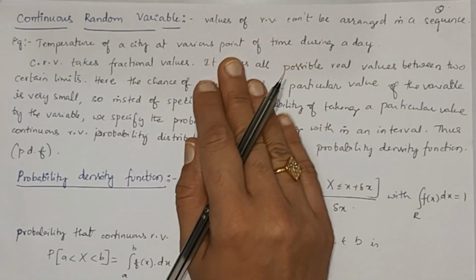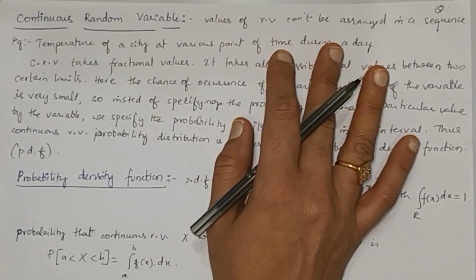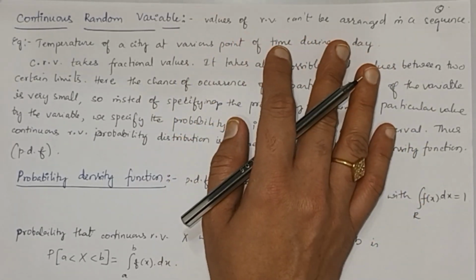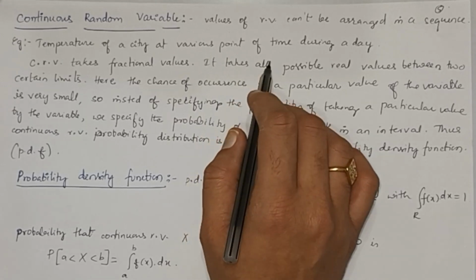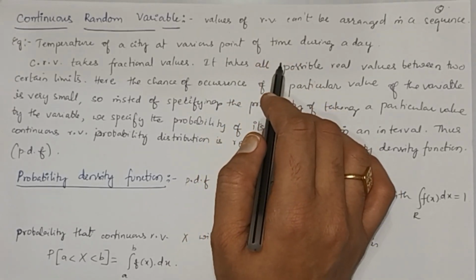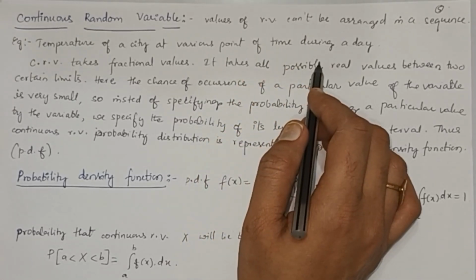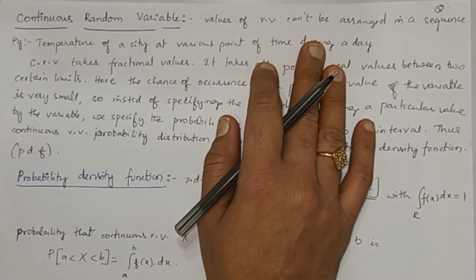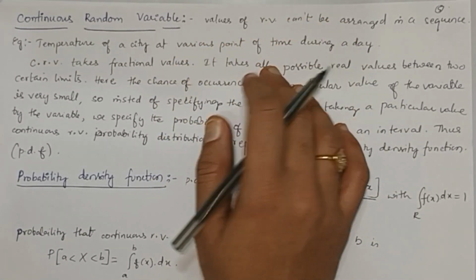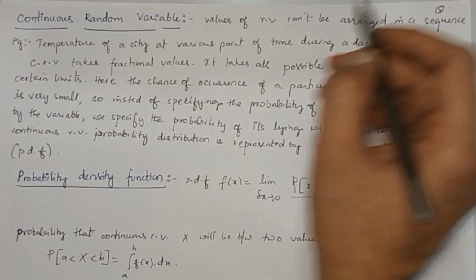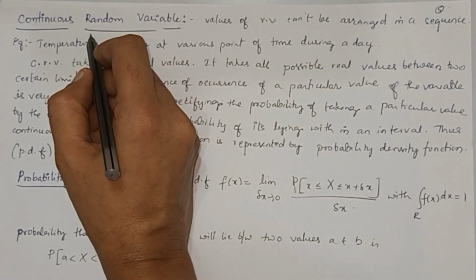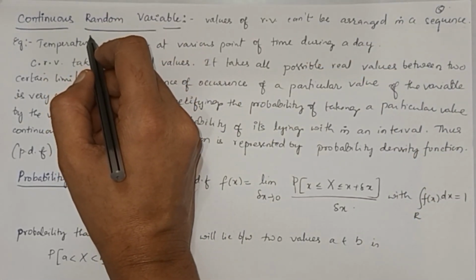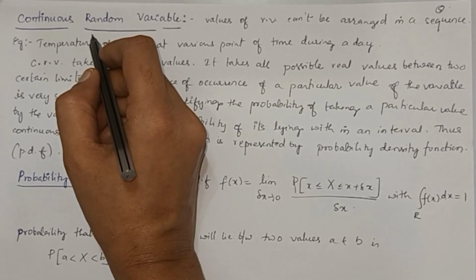Say when you have real numbers, you can't write the real numbers in sequence form because if 2.1 is a real number and 2.2 is a real number, then in between 2.1 and 2.2, 2.11, 2.111, there are infinite real numbers. So they can't be written in sequence form. So continuous random variable means that kind of random variable where it takes any random fractional value also.